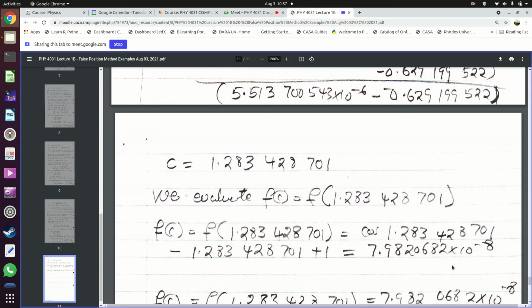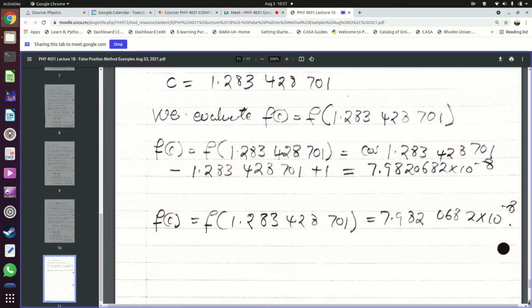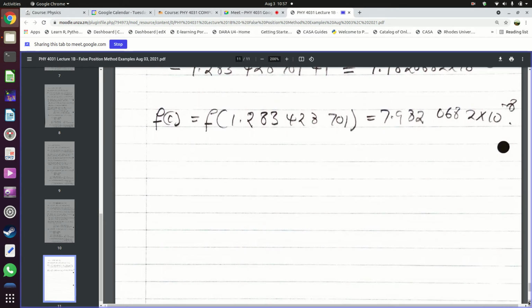Yes, sir. So we are done with chapter 1, solutions to nonlinear equations with the false position method. The next thing we're going to look at is the solution to systems of linear equations using the Gauss-Seidel iteration method.